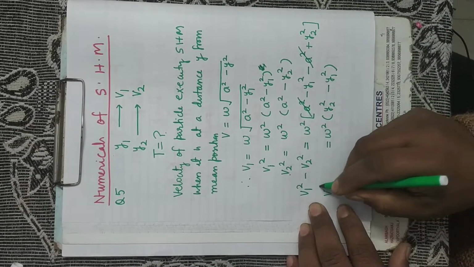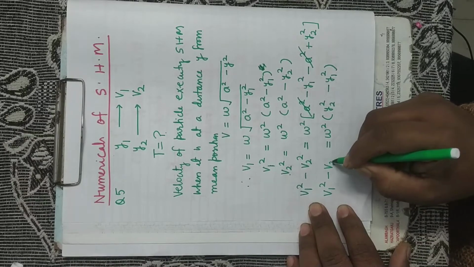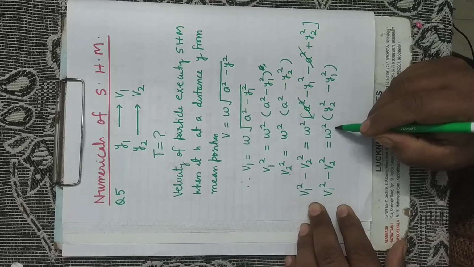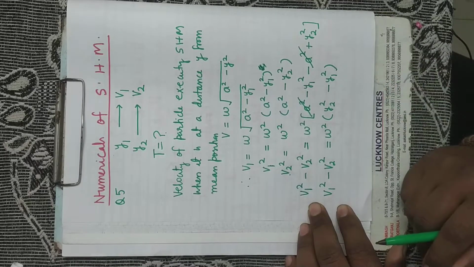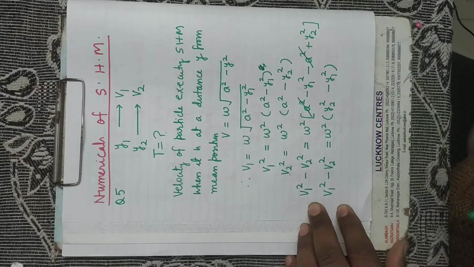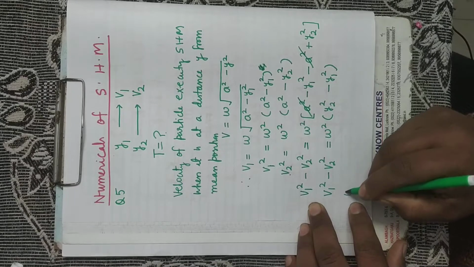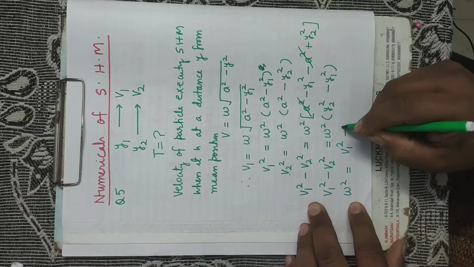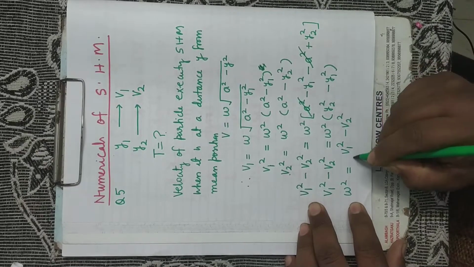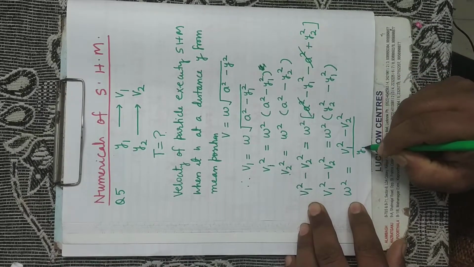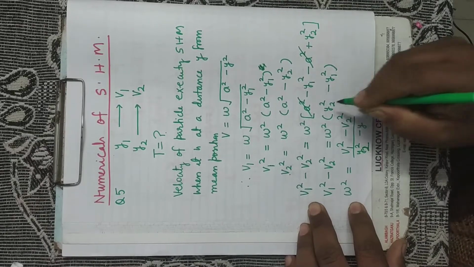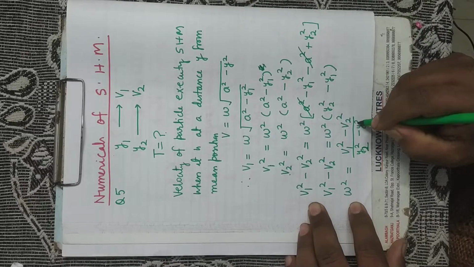What do we have to find out? We have to find out T. So if you can determine omega, you can get the T. Because what is T? 2 pi upon omega. So what will be omega square? It will be v1 square minus v2 square upon y2 square minus y1 square.